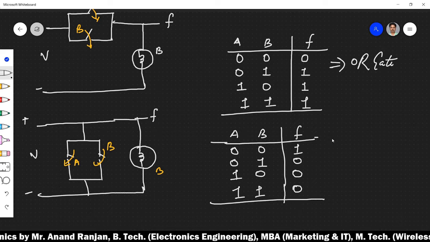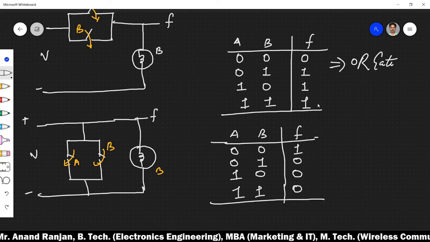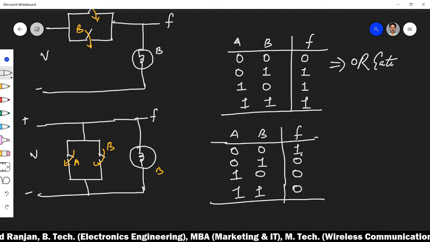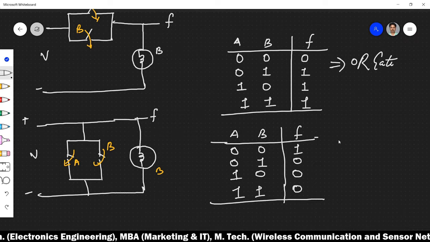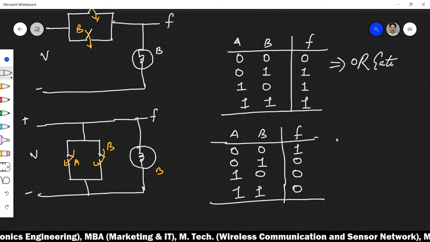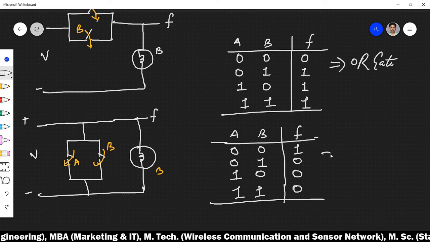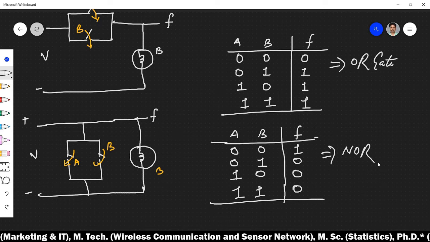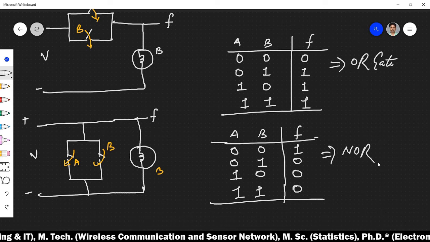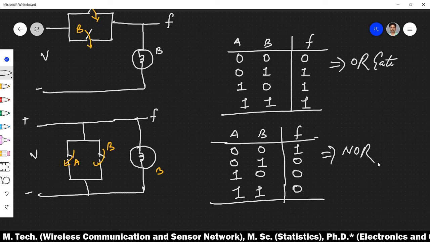Okay, and if you observe the operational table of this circuit, then you can recall that this is nothing but inverted OR, or you can say this is the NOR operation. If any of the switches is on, then the output is 0.